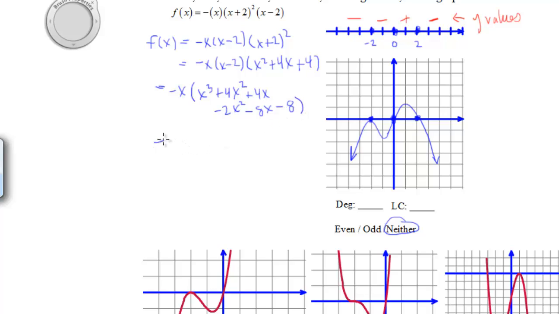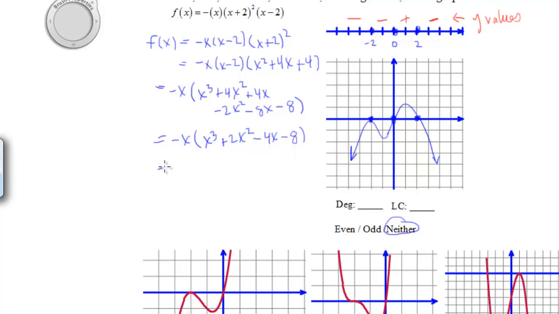And then I'll put those together, keeping my negative x out here, and I get x cubed plus 2x squared minus 4x minus 8.